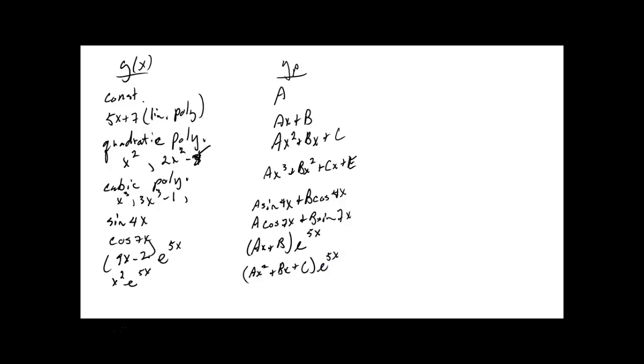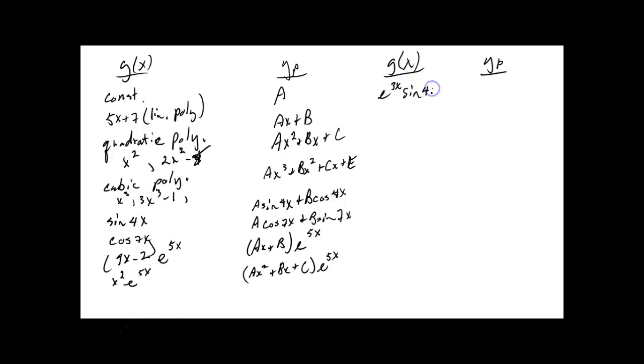Okay? Now, let's flip something around. I'm going to do a g of x over here and a y sub p here. What if you had something like e to the 3x times sine of 4x? They've gone down to 3x, it doesn't matter, and their favorite is still 4x.